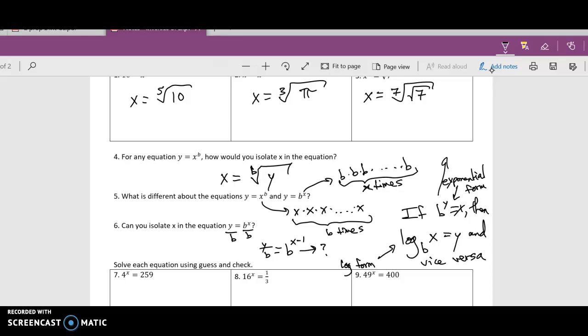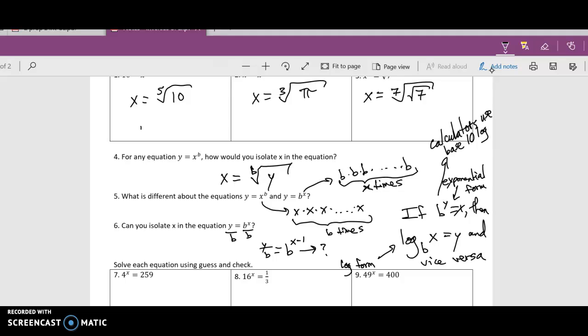Not that we're using a whole lot of calculators right now, but just so you know, calculators use base 10 log.